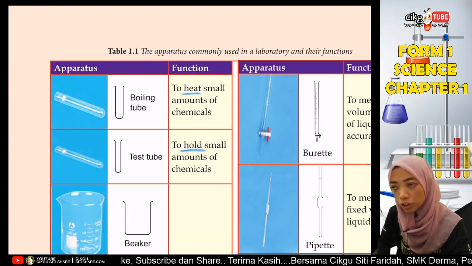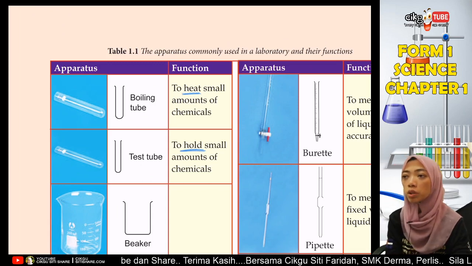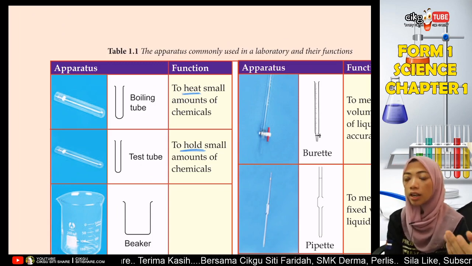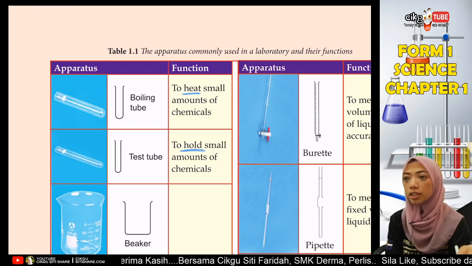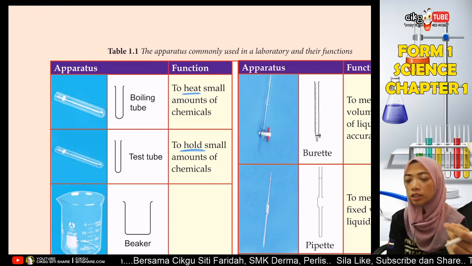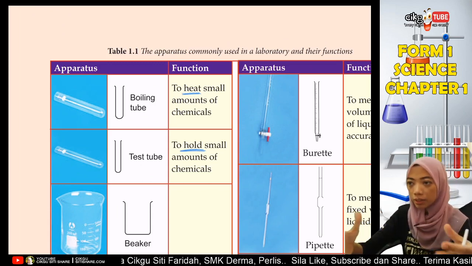Boiling tube and test tube look similar, but the difference is that we use a boiling tube to heat a small amount of chemical. But test tube is smaller than boiling tube. It is used to hold a small amount to make a chemical test.